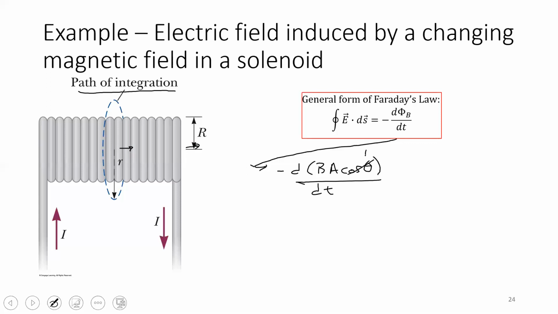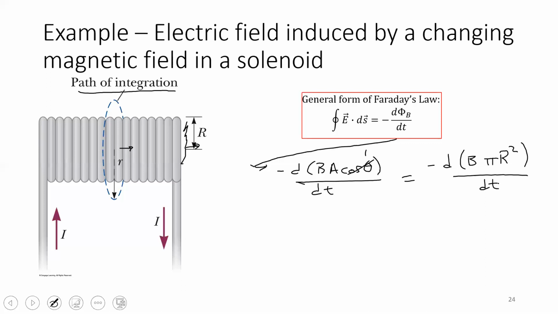The area, again, describes the area where the magnetic field exists. So the area where the magnetic field exists happens to be the area of our solenoid. So they give us that the solenoid has a radius of capital R, right?